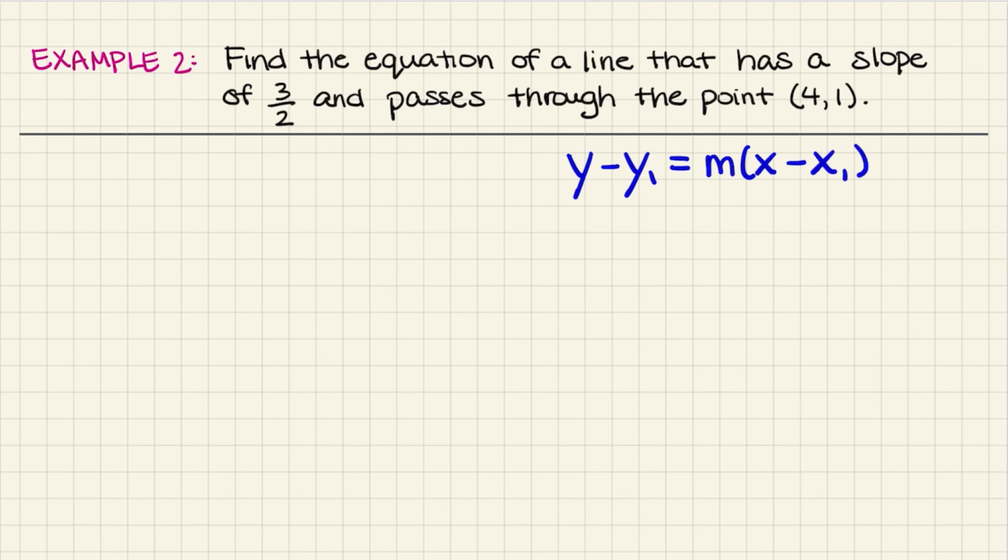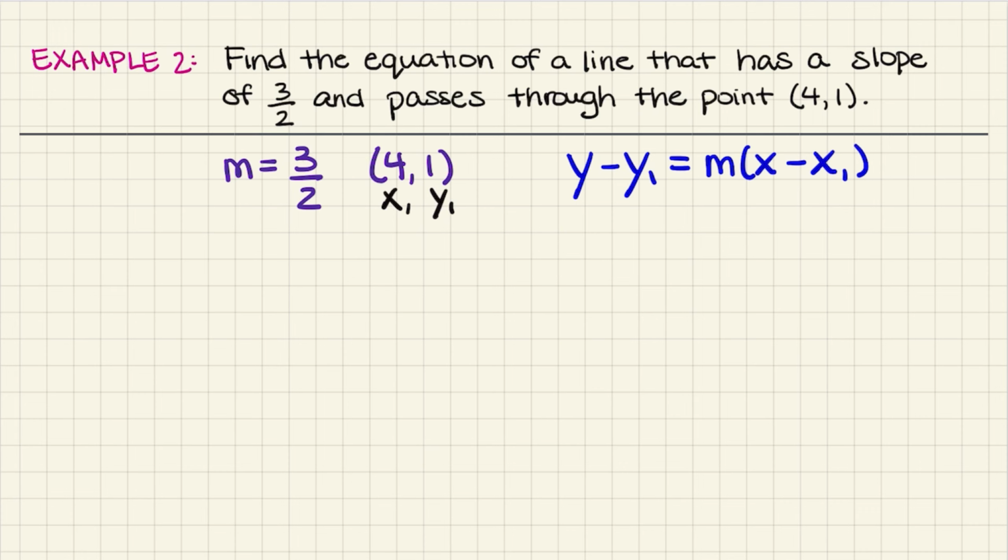And the information we're given is the slope equals 3/2, and our point is 4, 1. So we want to label this x1 and y1 to make sure we're plugging it into the right spots.